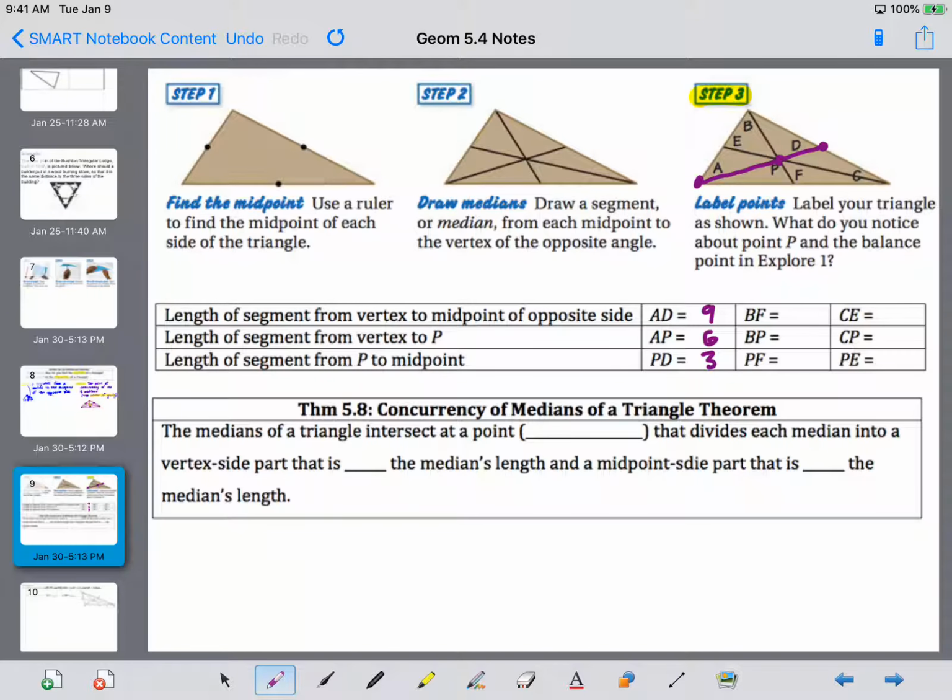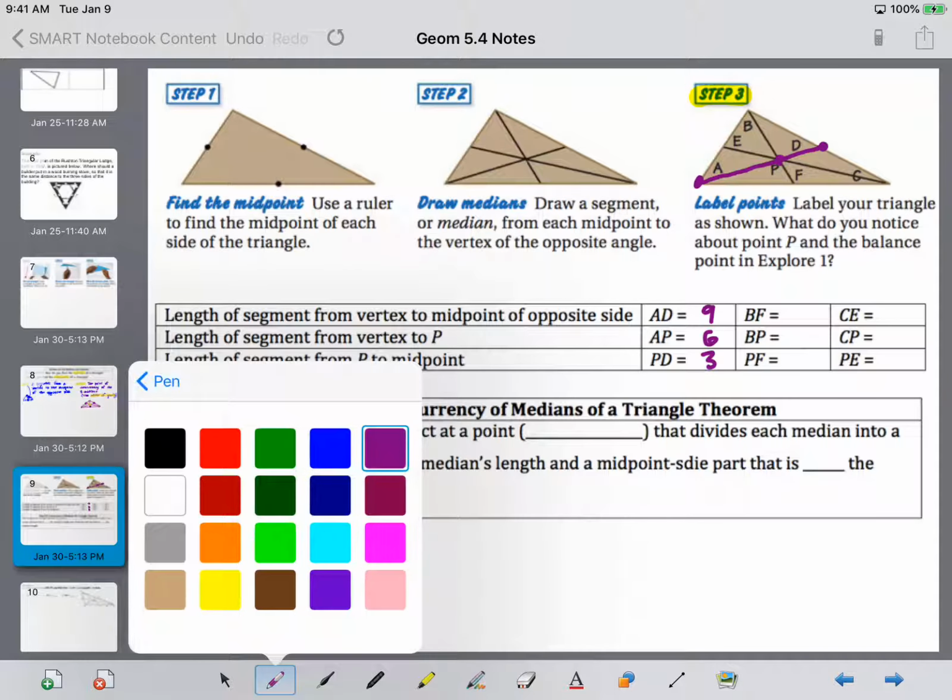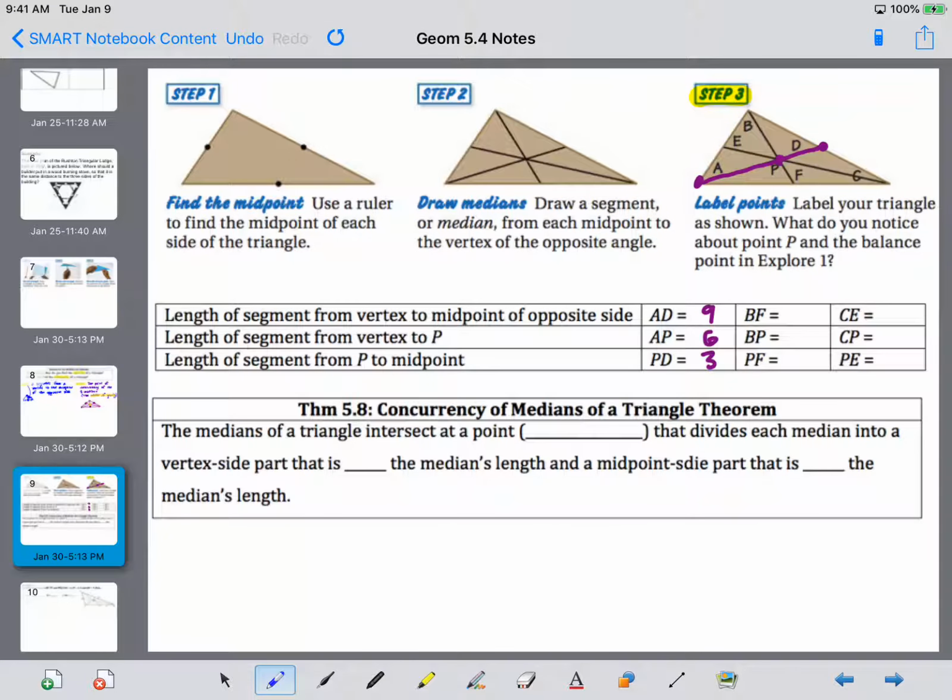Then I did the same thing for segment BF, this median here. The whole thing was 6 centimeters long from B to F. From B to P was 4 centimeters, and from P to F was 2 centimeters.